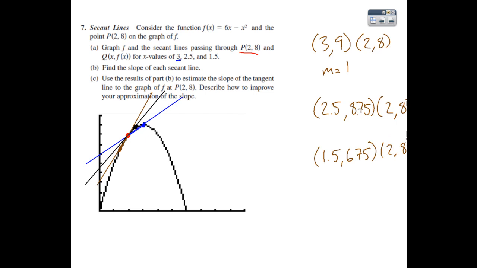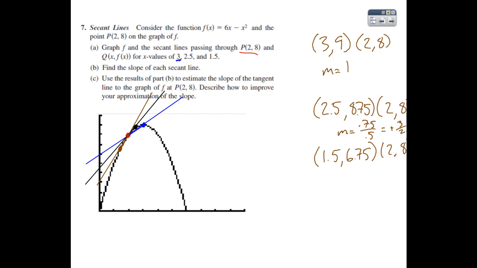Okay, so now I calculate the slope between those two, and I may need a little help. We've got 8.75 minus 8, which is 0.75, and then 2.5 minus 2, 0.5, which gives me 3 halves. It should be positive.